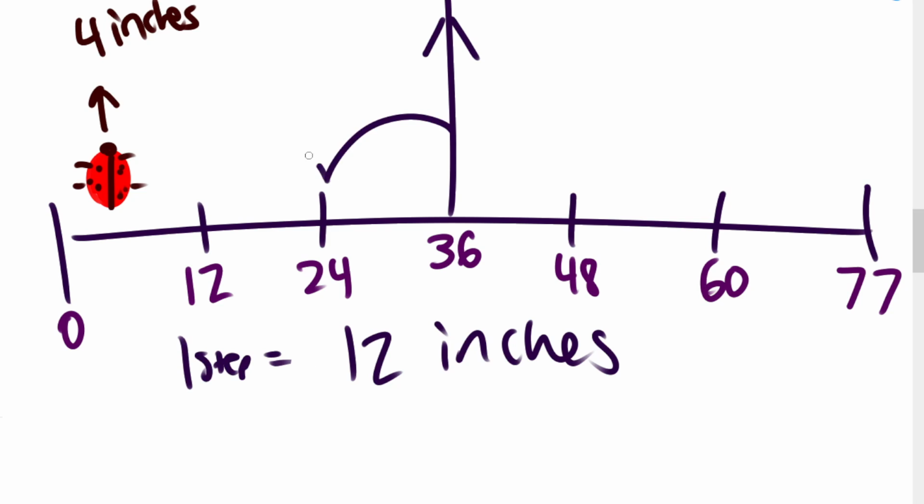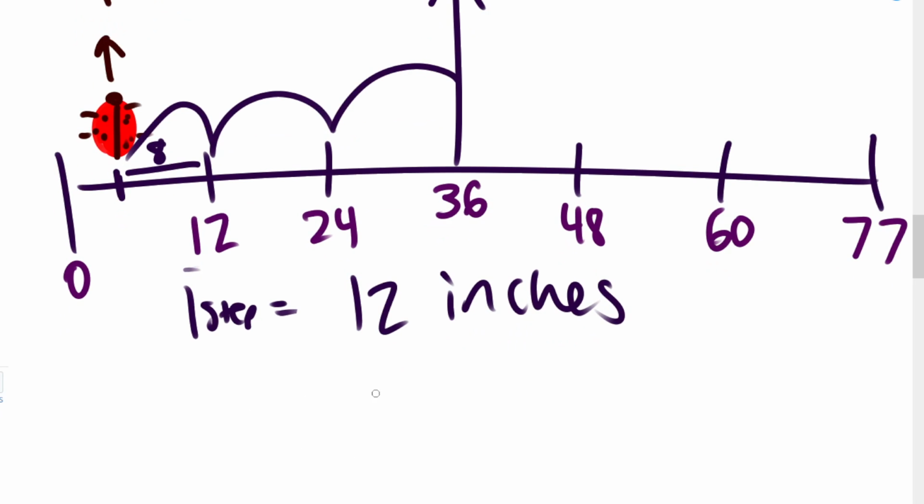So if we take one step here, that's 2 steps, but 2 steps is less than here, and 3 steps is too far. We want to find right here. So if this is at 4 inches, and the next will be 12, that leads us to believe that there is 8 inches right here. So if we take 2 steps and then 2/3, 2 2/3 steps, that'll get us to our ladybug.